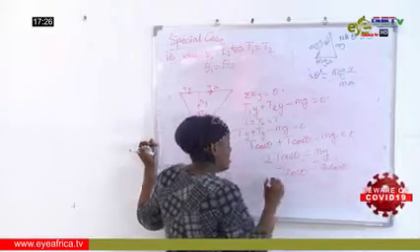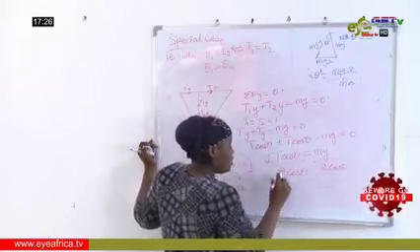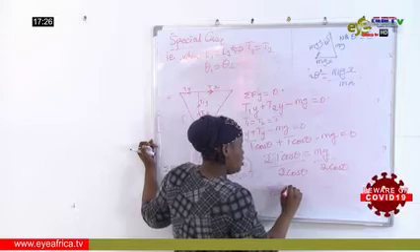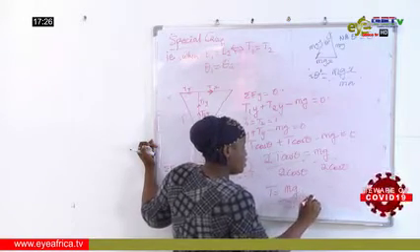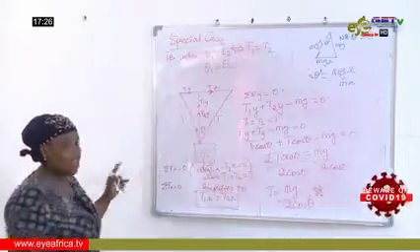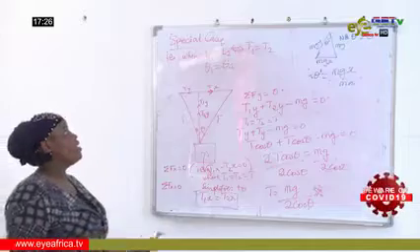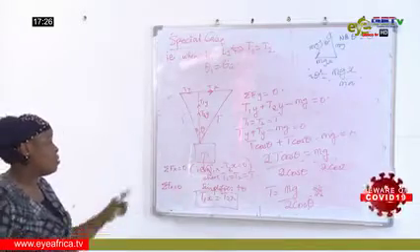And that means the tension force will be equivalent to mg all over 2 cosine of theta. This is only true if the tensions are equal, or if the angles between them are equal, or the lengths of the strings or the ropes are equal. Please take note of that. Good.